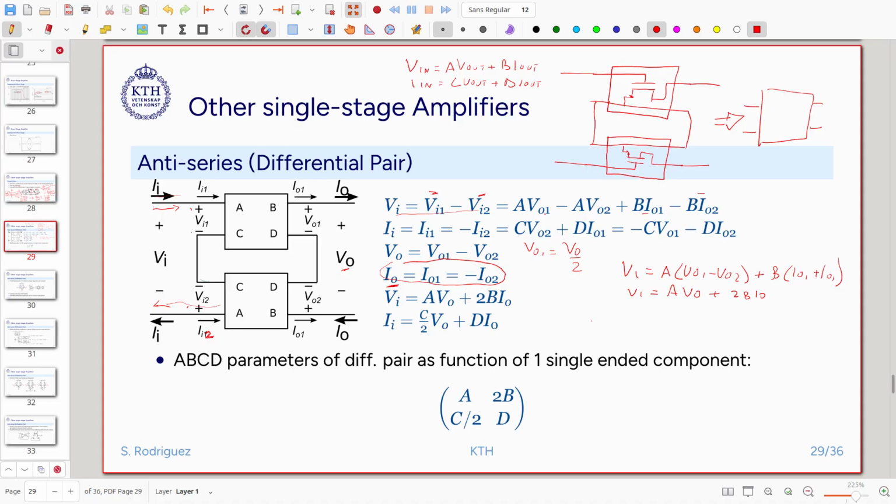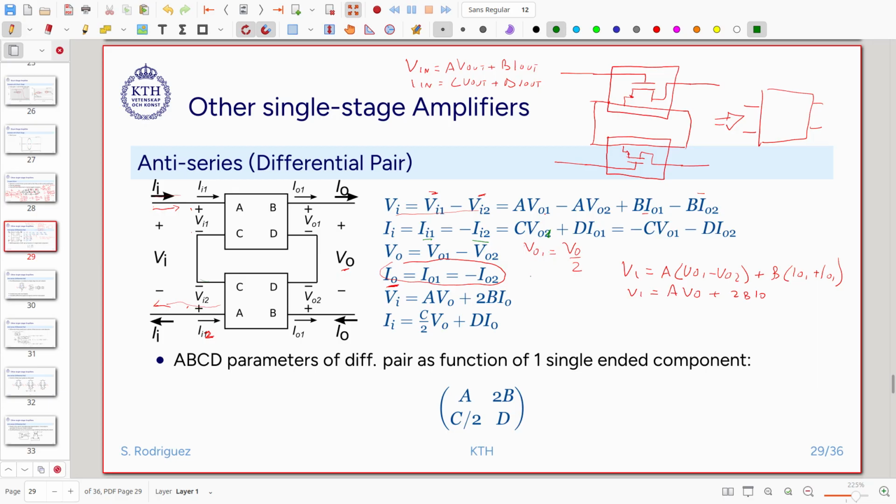Now we go to the next equation. With the next equation we have that the input current is going to be equal to I1 or the same as minus I2, so we can expand these ones, that will be equal to C VO1 plus D IO1, or this is equal to minus C VO2 minus D IO2.